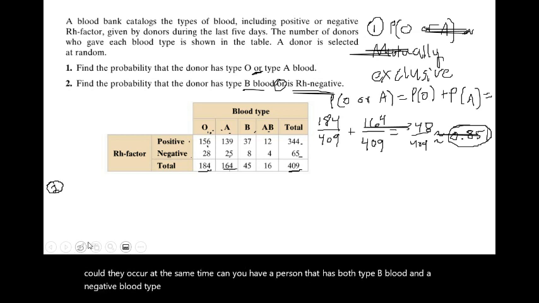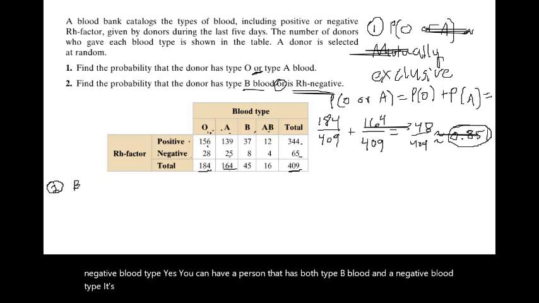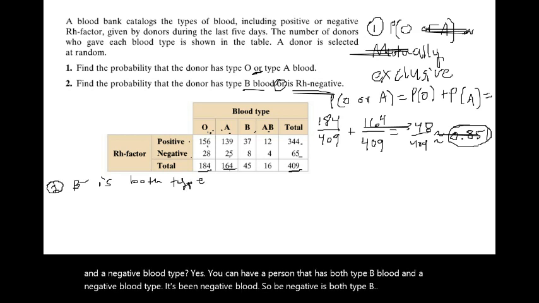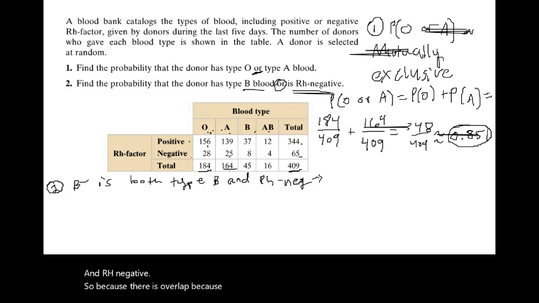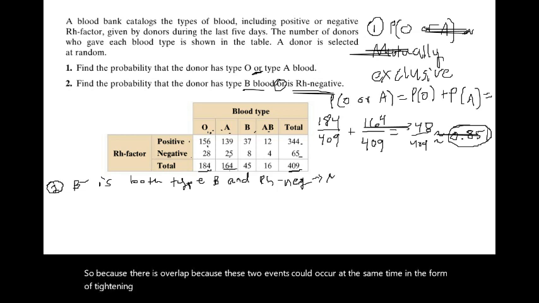It's B negative blood, which is both type B and Rh negative. Because these two events could occur at the same time in the form of type B negative blood, they are not mutually exclusive.